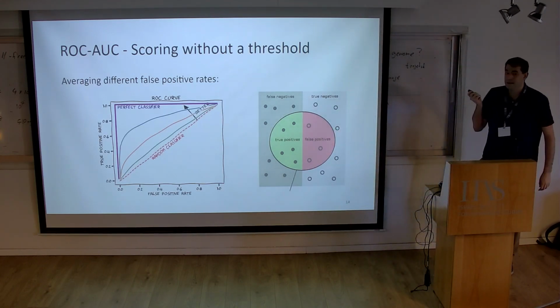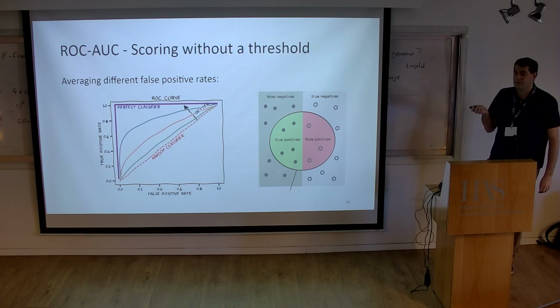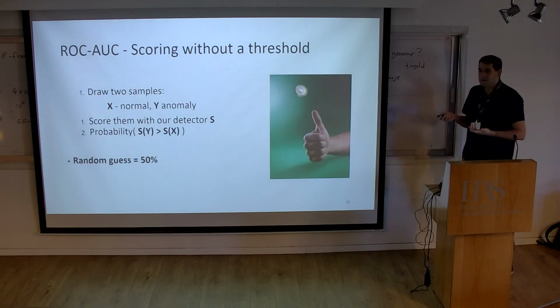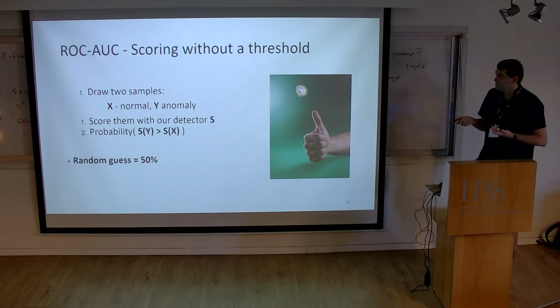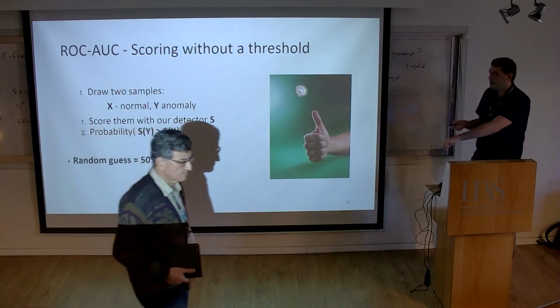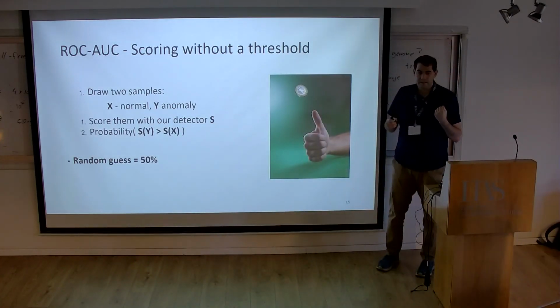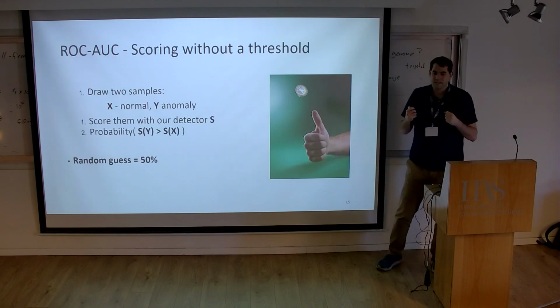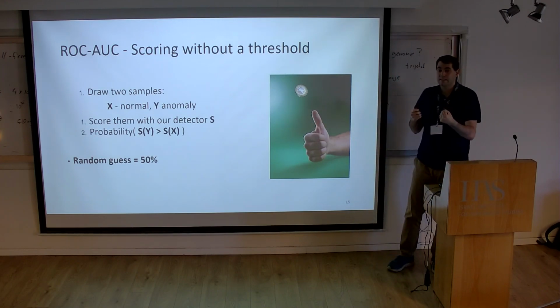But actually, there is a very nice interpretation of ROC-AUC, which is much simpler in my opinion. Let's say we have some anomaly detector, and we have the normal data and the anomalies. We can take a random anomalous sample and a random normal sample, and ask what is the probability that the anomalous sample would have a higher score than the normal sample. And I like this interpretation.